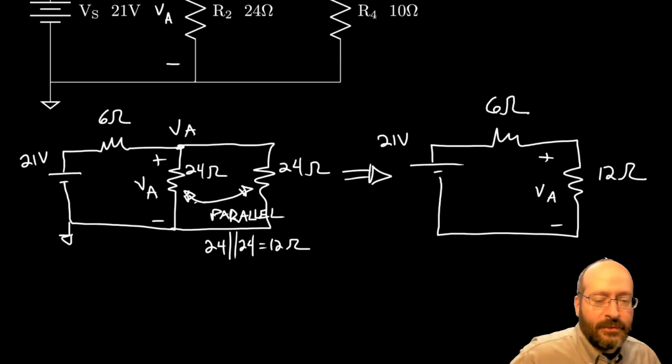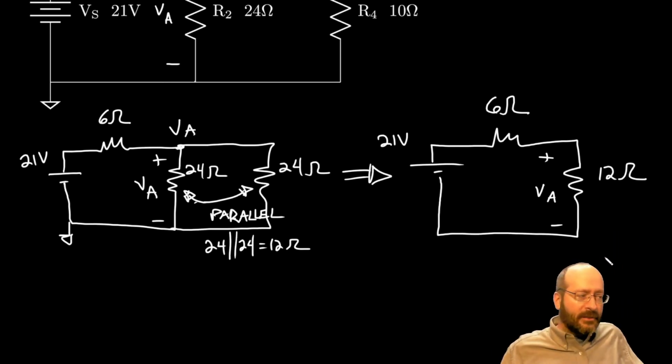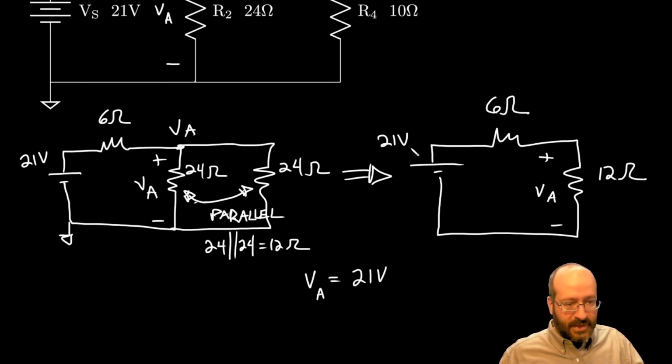Okay, so we had some equivalent resistances, both in series and in parallel. I guess we didn't do any KVLs or KCLs in this one, but we get down to a voltage divider, which is nice. So there's certainly some Ohm's law in the voltage divider when we need it. Okay, so write the voltage divider for that. So VA is equal to 21 volts, because that's across the series combination, and we get the ratio of resistances.